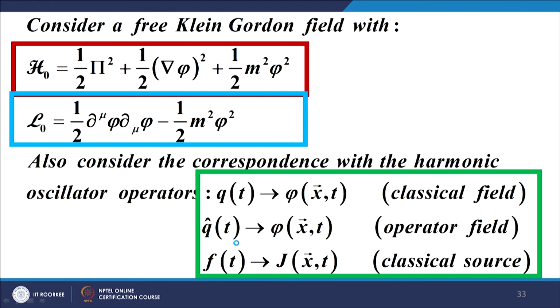Please note, the field coordinates are now functions of space time, whereas earlier the harmonic oscillator coordinates were simply functions of time, and that is why we call the standard quantum mechanics 0 plus 1 dimensional field theory, 0 in space and 1 in time.